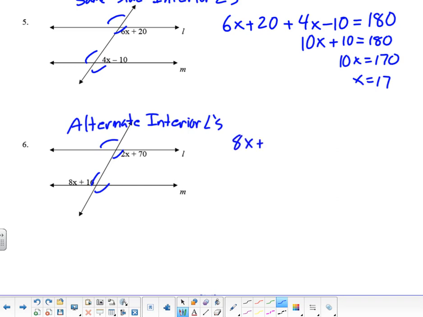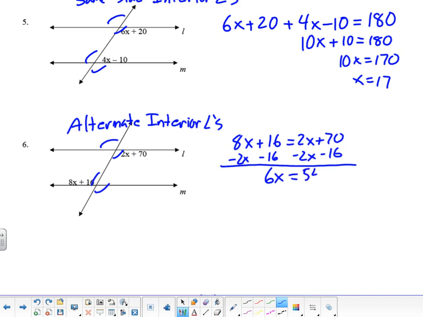So 8x plus 16 equals 2x plus 70. All right, and so we're going to subtract, and we'll get 6x equals 54, divide by 6, I think that's 9. So there we have it.